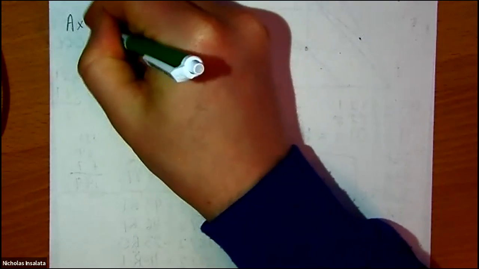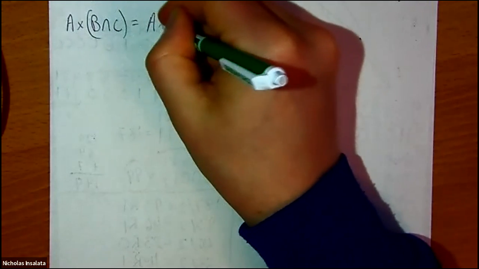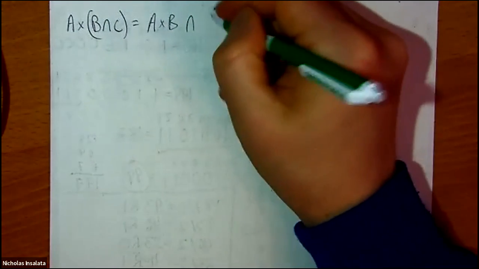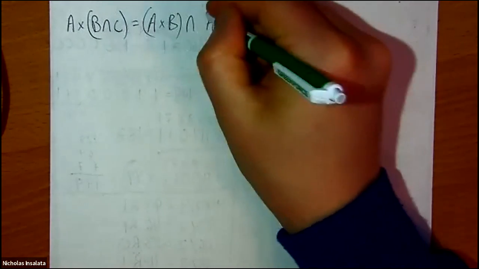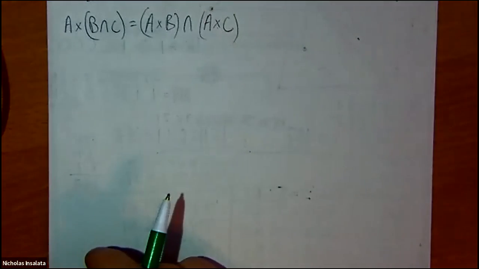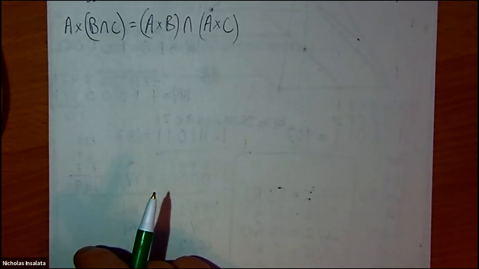So we want to say A cross B intersect C equals A cross B intersect A cross C. Right? You were thinking about union. Well, it should work either way, I think, right? So every element of A will be the first element of every pair. Every pair starting with A, there will be every B and every C.